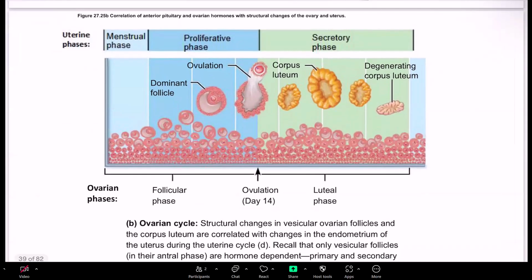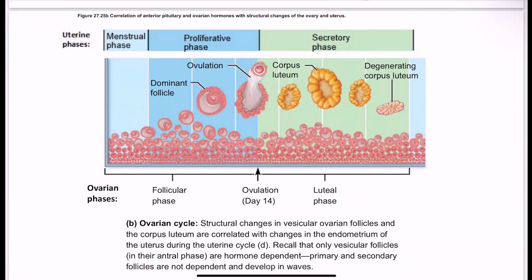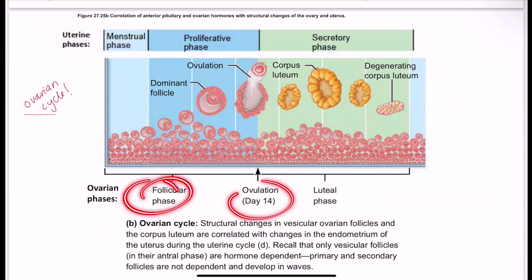This next graph is showing you what happens during the ovarian cycle. Notice we have those phases down below. We have the follicular phase, the ovulation, and then the luteal phase. I really like the pictures here, which is why I'm showing you this graph.